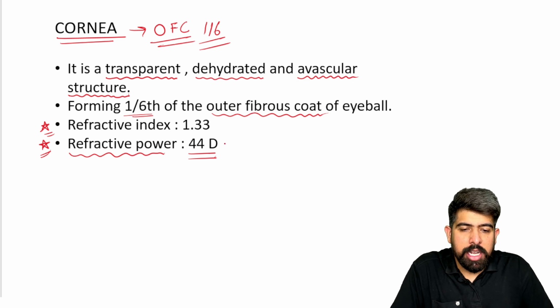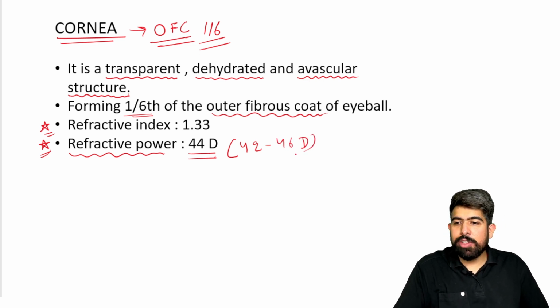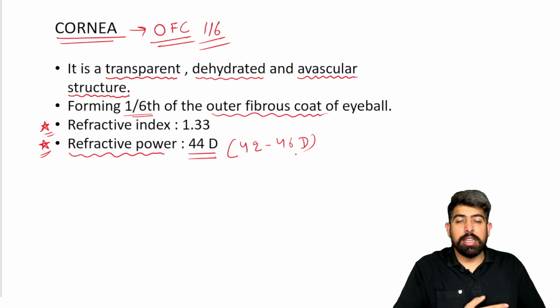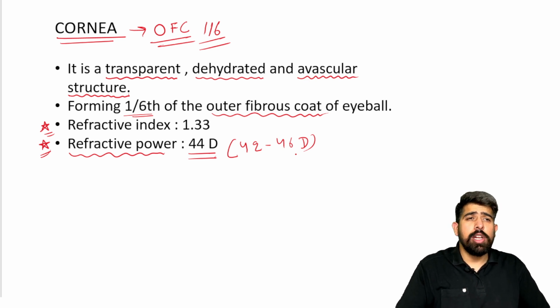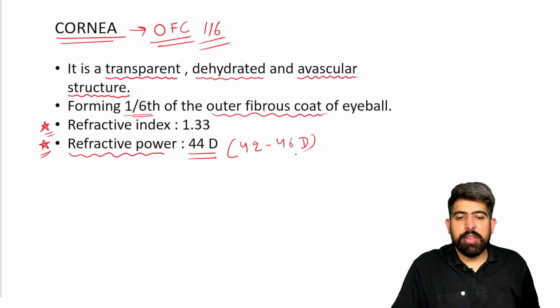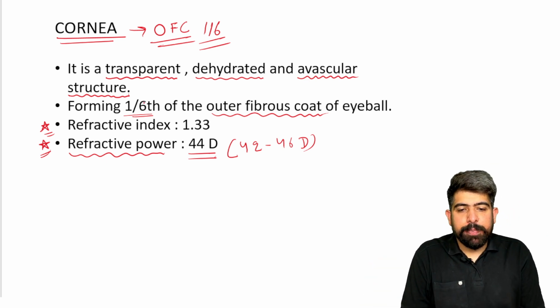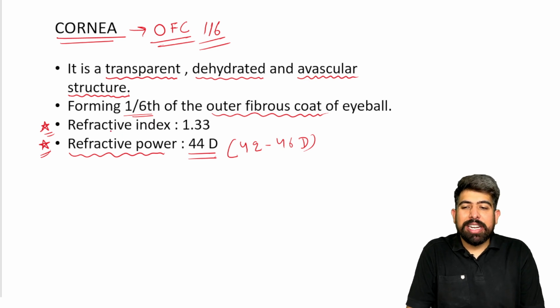If I take a range, it is from 42 to 46 diopter, since it is not constant in everyone, like the newborn, the adult and the older age. But now we have to talk about the refractive index also.